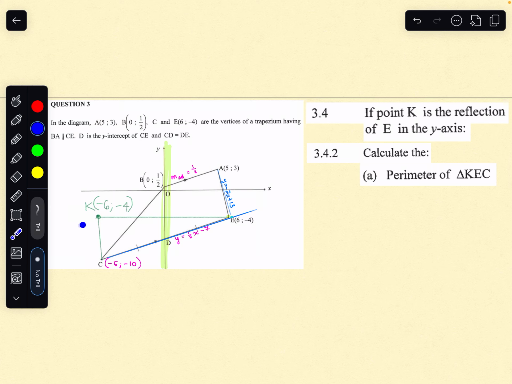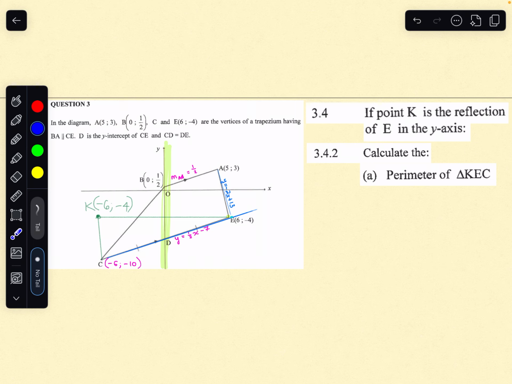The distance here is 12, 6 units to the y-axis and then another 6 units to get to E. Oh no, actually, this one, A, so my drawing is off. This x coordinate is the same as this one, meaning that K is vertically above C. It's 6 units up from it.